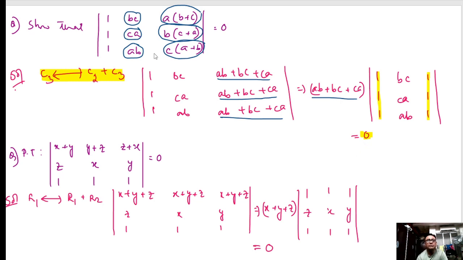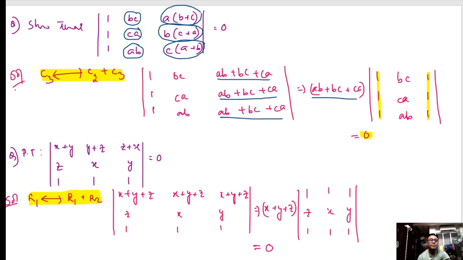So this is your observation: by watching the sum, you have to decide how to do the calculations. Next, prove that this is equal to 0. See what property we are applying. In R1 we want to keep R1 plus R2.